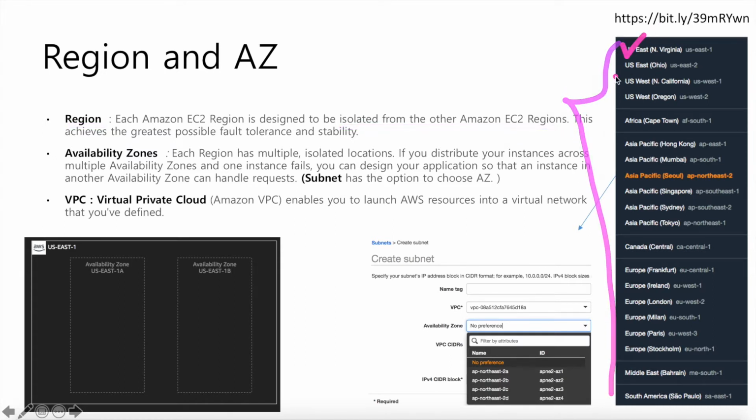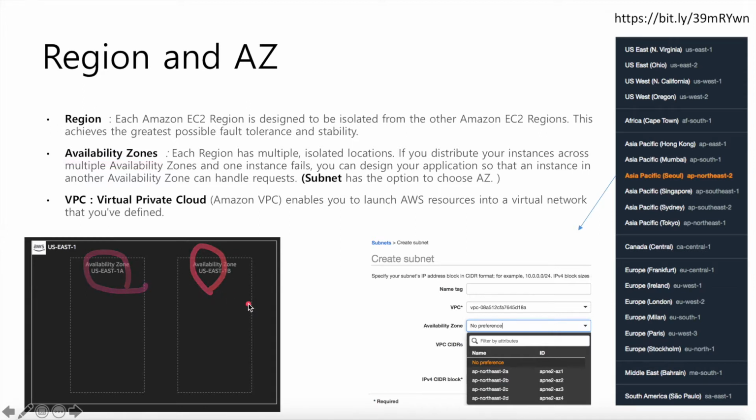One region is physically separate, very far from the other region. So you have to choose the region near you, and each region has multiple AZs. So for example, US East 1 has several, like that.